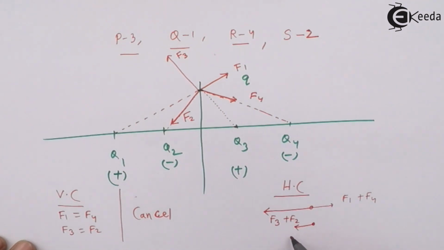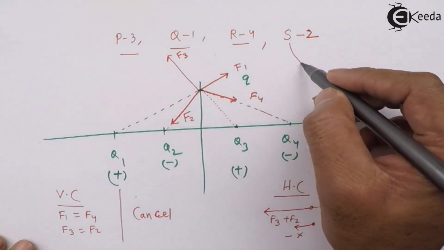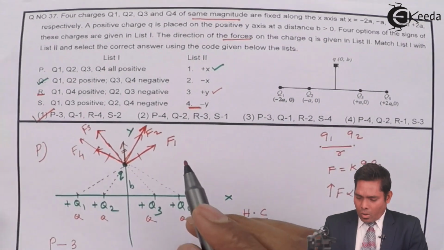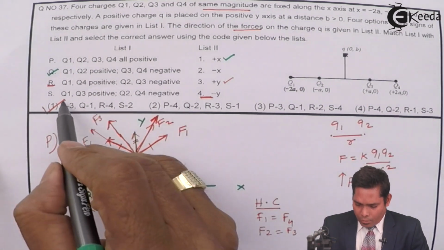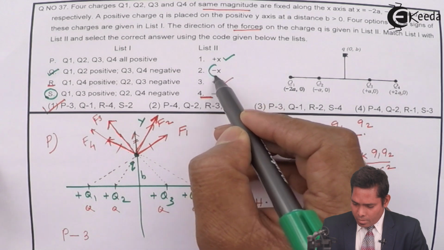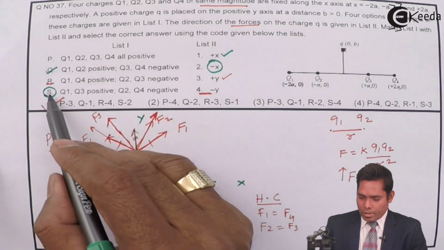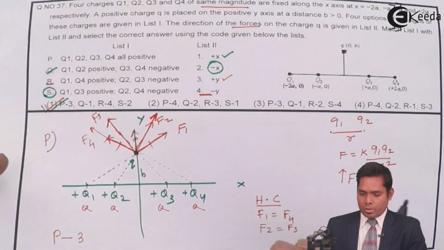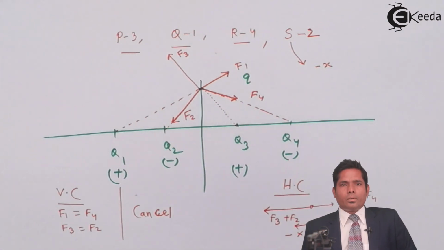That means this side is negative X. So option S should be negative X. If I see the options, here is negative X. So S is 2. This is already done, and that is the answer to this question. Okay, thank you.